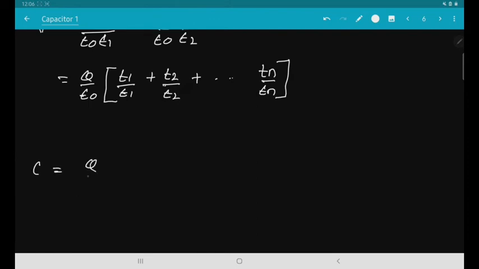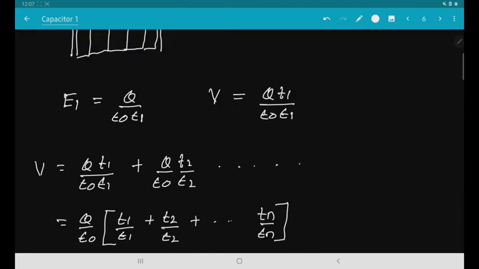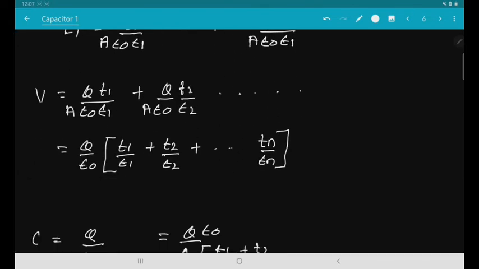It will be Q divided by V. Now for V we will have Q divided by epsilon naught. Epsilon naught will go in the numerator, and in the denominator we will have T1 by epsilon 1 plus T2. Let me see, I have forgotten to write the area. Here we will have the area in all of these equations which I have not written.